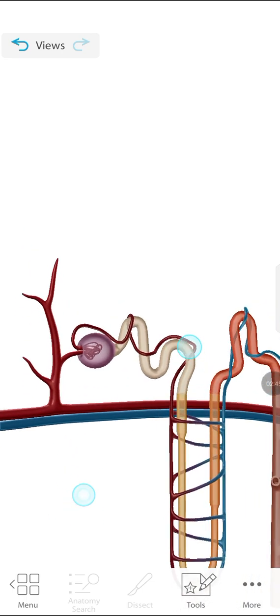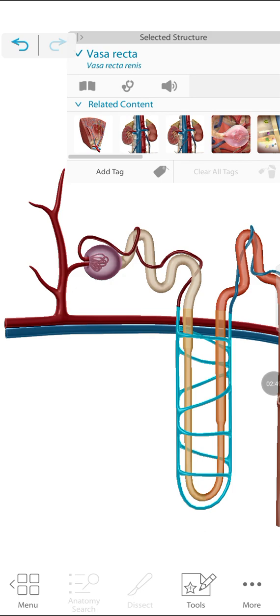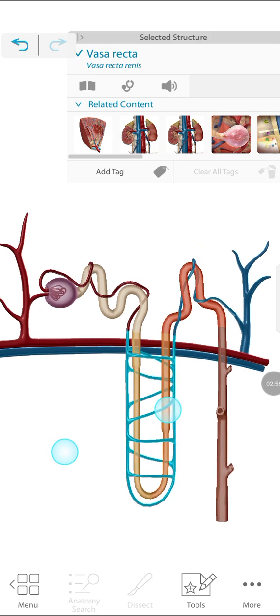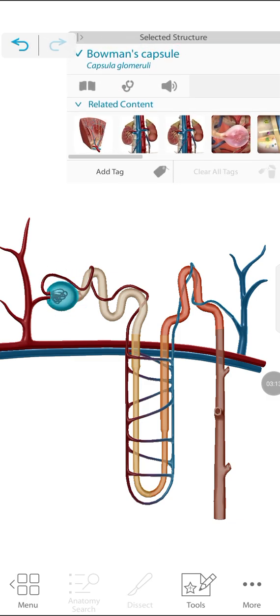Then here, these vessels, the vasa recta. So what I want to say is that these blood vessels have just been allocated next to these particular parts of the nephrons, right? So parts of the nephrons, the Bowman's capsule, proximal convoluted tubule.